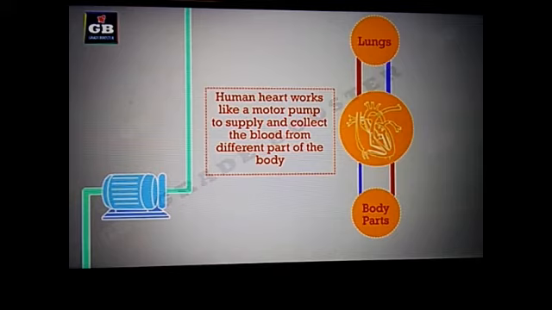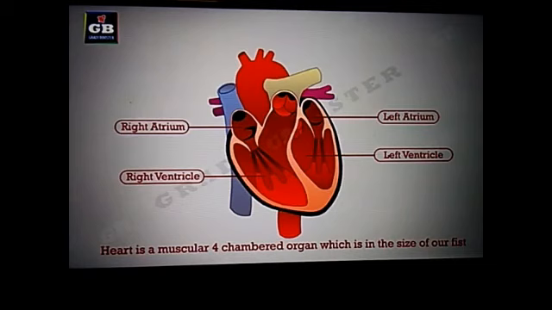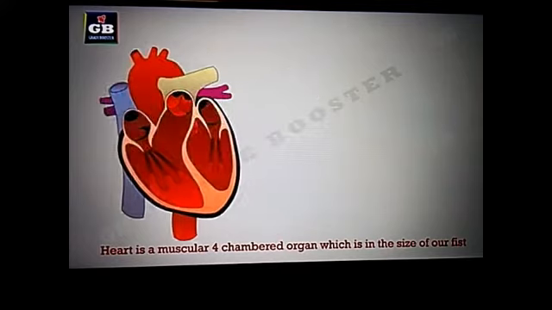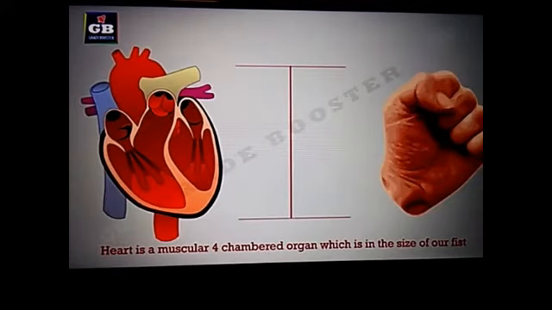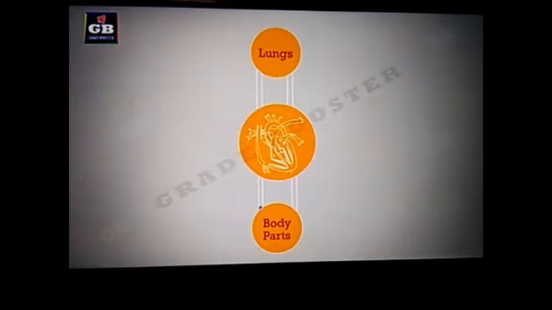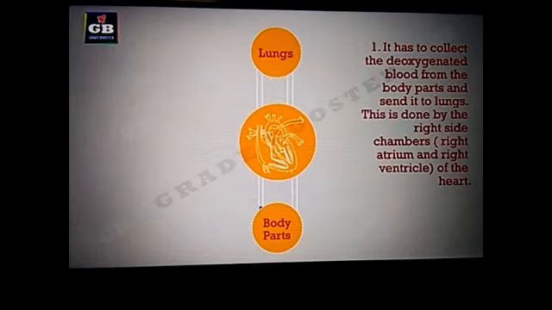The heart is a muscular four-chambered organ, about the size of our fist. It has to do two different jobs. One, it has to collect the deoxygenated blood from the body parts and send it to the lungs.